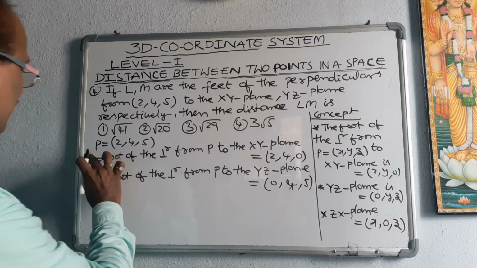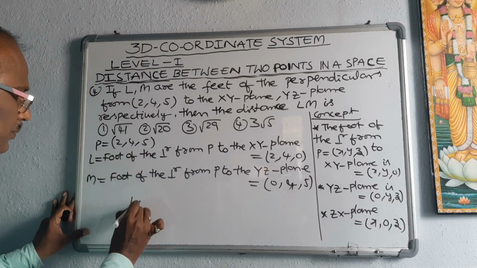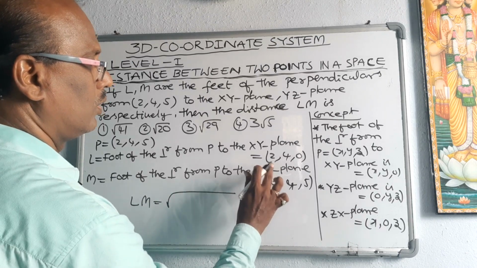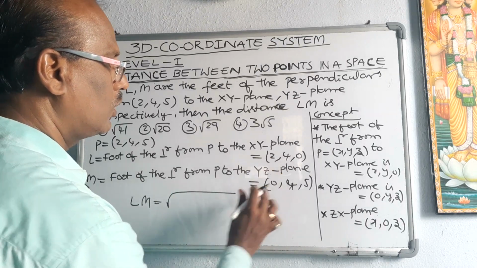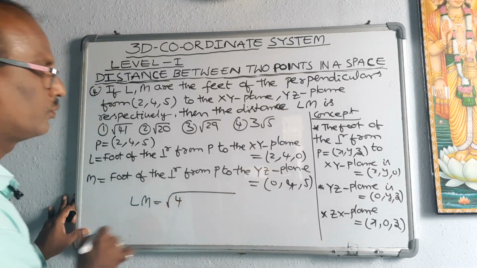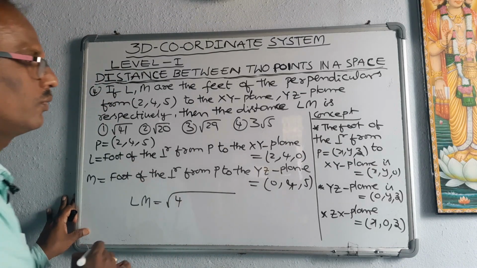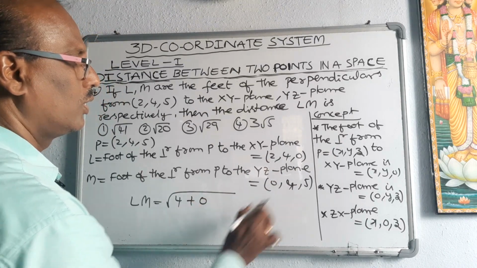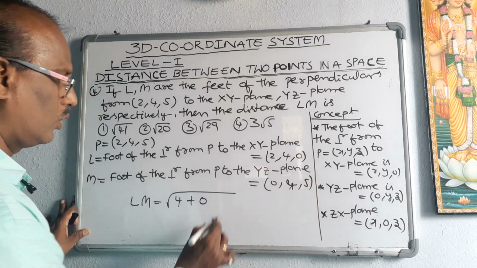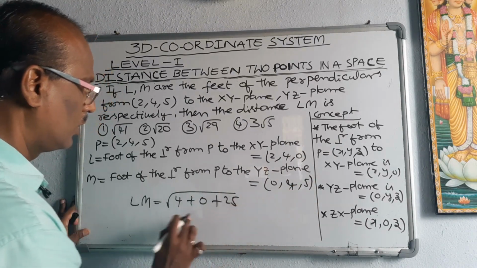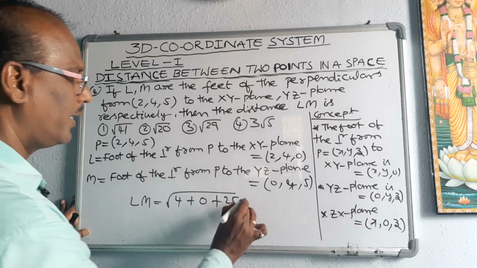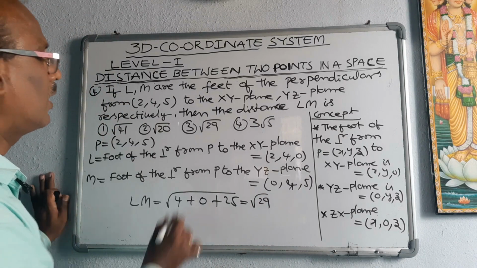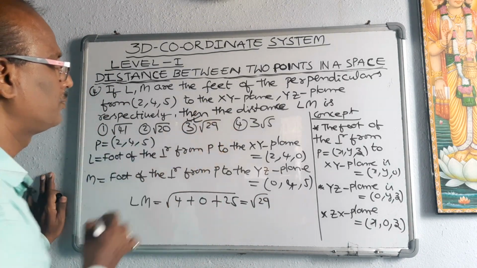To find the distance LM, square root of (2 minus 0) whole square 4, (4 minus 4) whole square 0, (0 minus 5) whole square 25, 4 plus 25 is 29, that equals root 29. Here option 3 is correct.